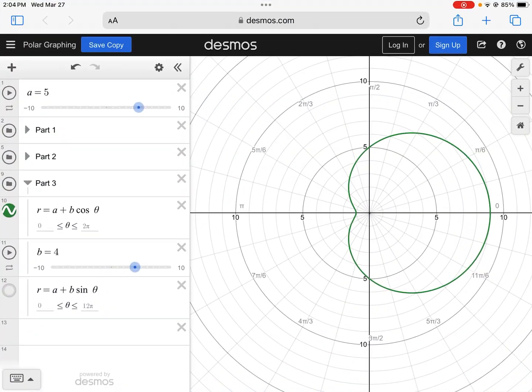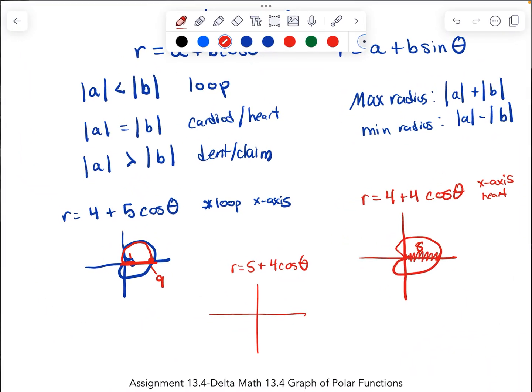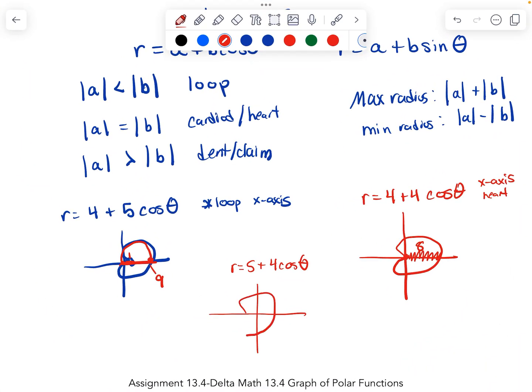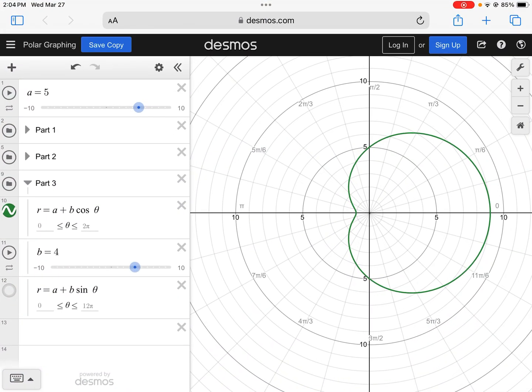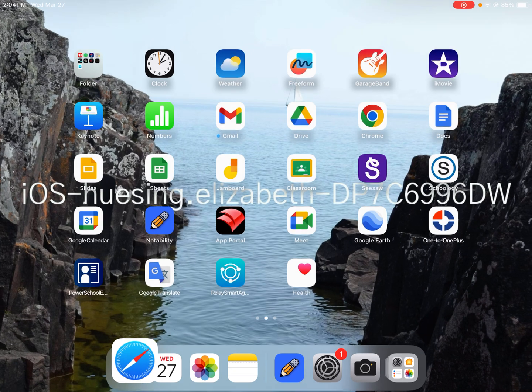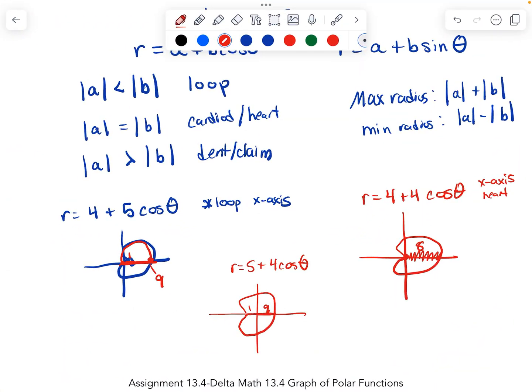I'm terrible at drawing these. Kind of like a little dent. This distance was 1, and this distance was 9. And you'll also notice that distance up and down is our A value of 5. So it intersected up here at 5 and 5, and you'll notice something similar for these as well. That would be 4 and 4, and this one our A value of 5 and 5.